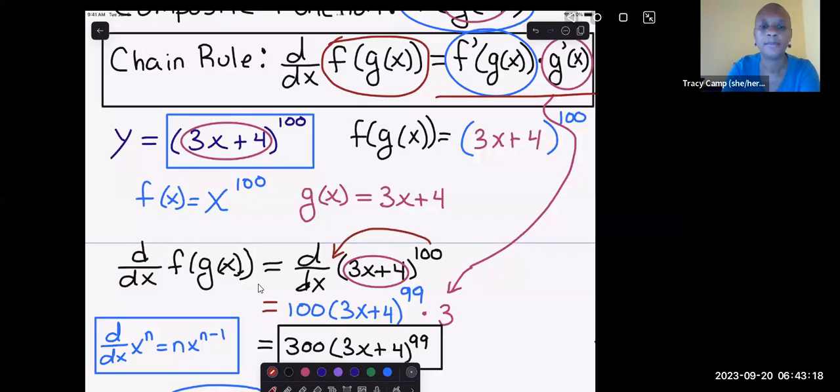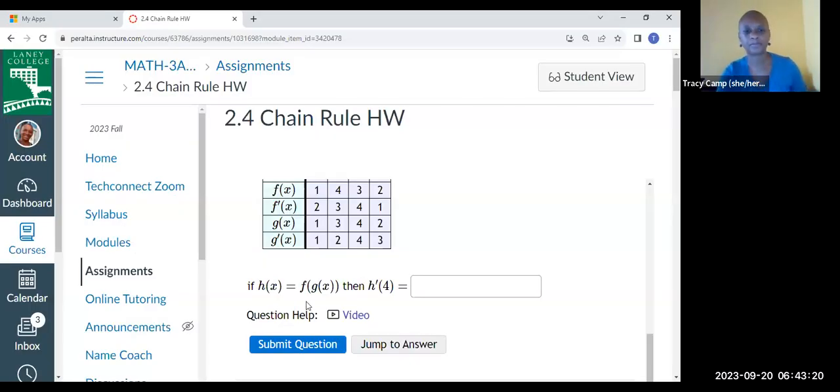So for this problem, when it's asking us to find h prime of 4, before we do anything, we can say that h prime of x is equal to f prime of g of x times g prime of x.